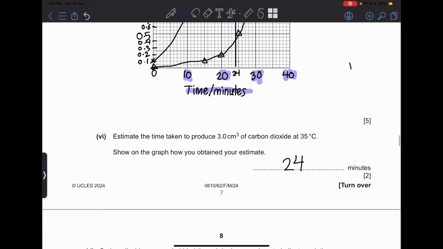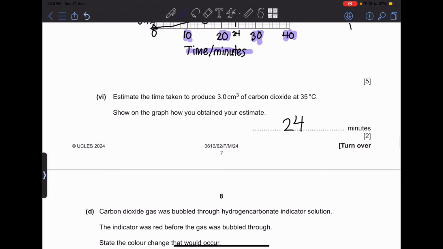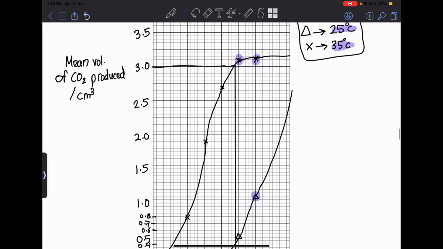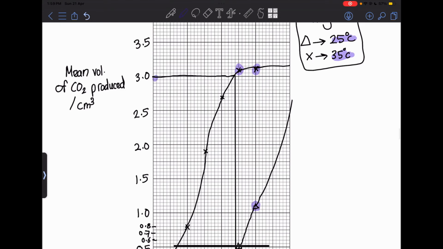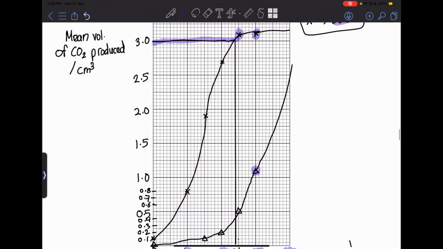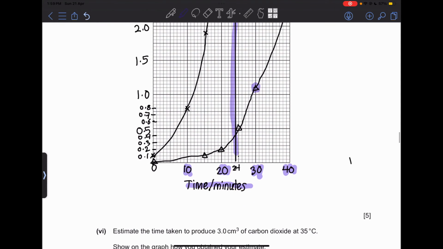Now, VI says estimate the time taken to produce 3 centimeter cubed of carbon dioxide at 35 degrees. Show on the graph how you obtained your estimate. So to answer this question, you have to do like this. 3 centimeter cubed, right? You're going to draw a line until you reach the graph that you drew. So this is the 35 degrees one, and you're going to draw a line until you reach the time, which is the x-axis.